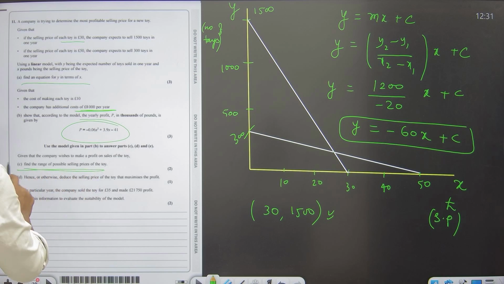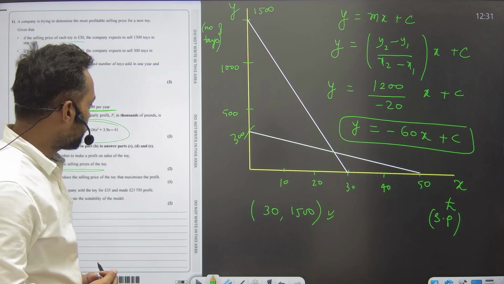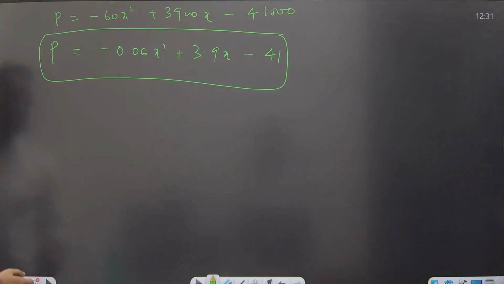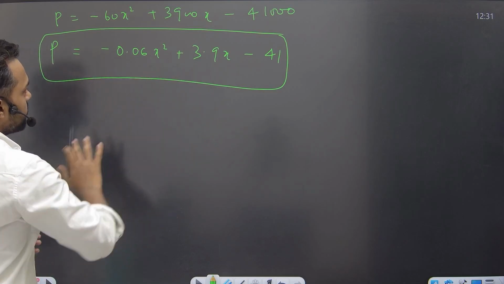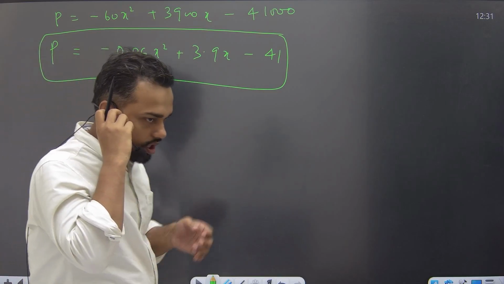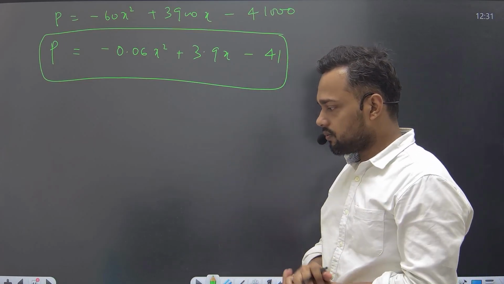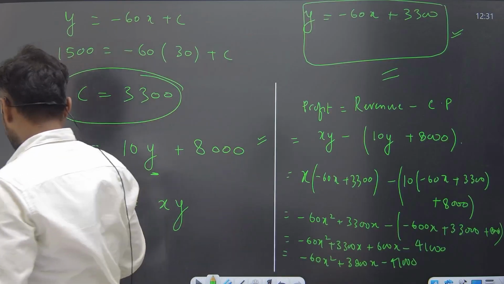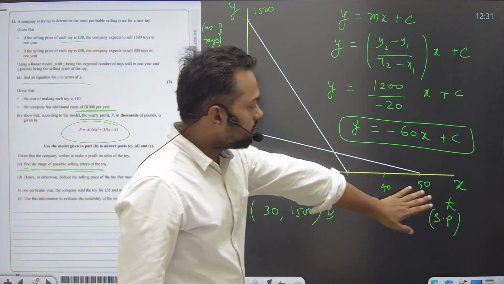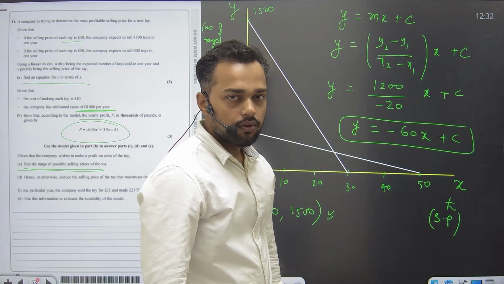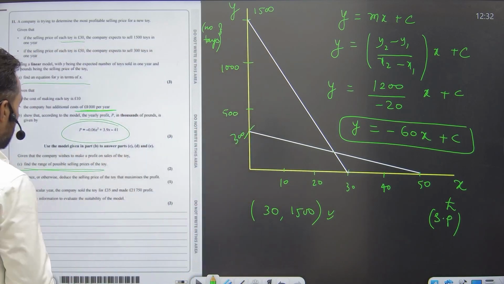Now in the next question, students: find the range of the possible selling price of the toy. What will be the range? See, in this part we have got the equation of profit in terms of x square. x was the pounds for selling price, meaning the selling price of a particular toy.